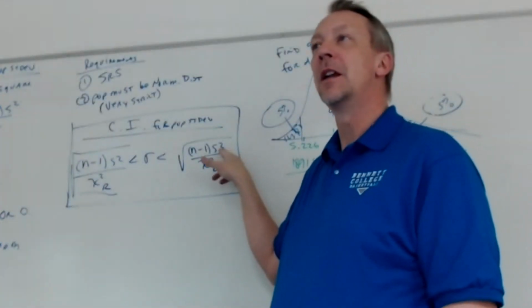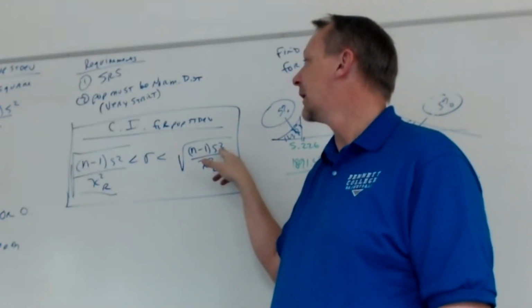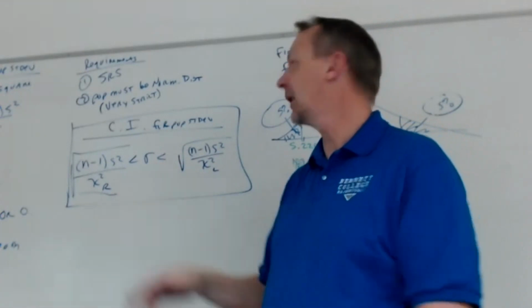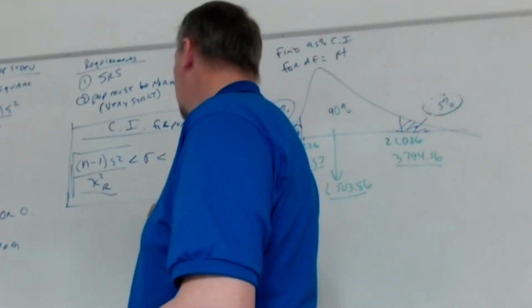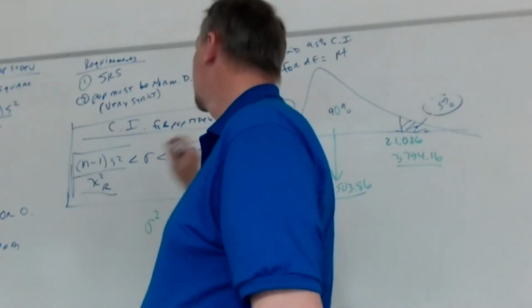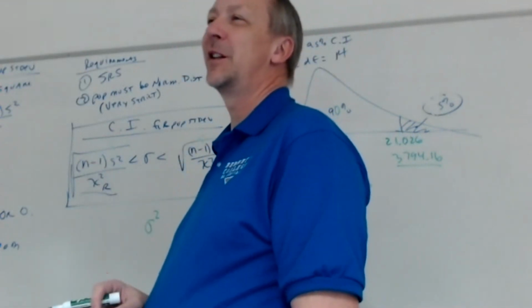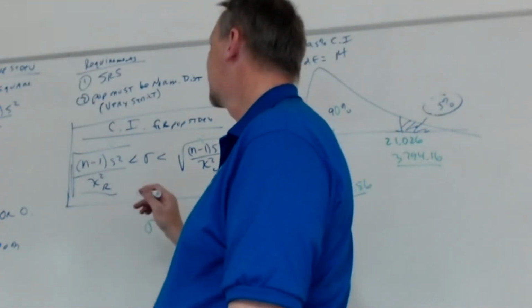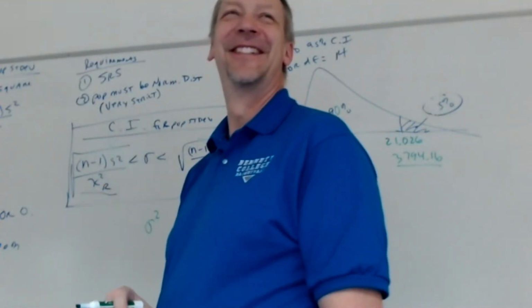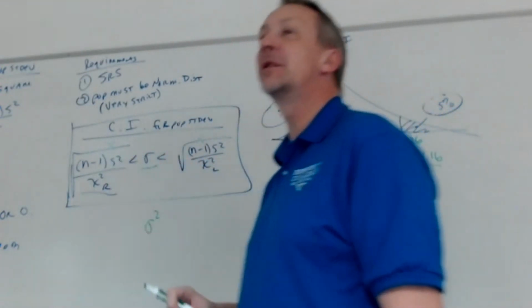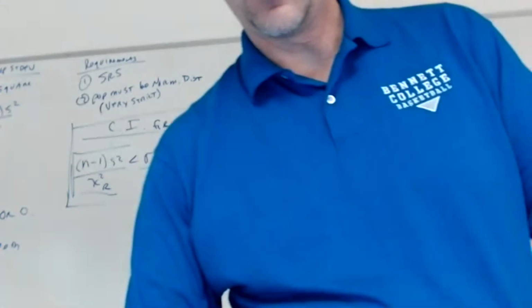By the way, if I asked you for the population variance, the sigma squared here, I would not need those two square roots, right? Sometimes I do that on the test without thinking, so I just don't square root it.